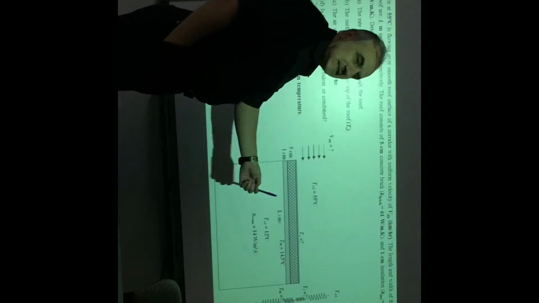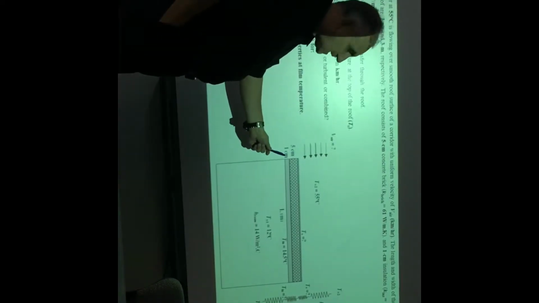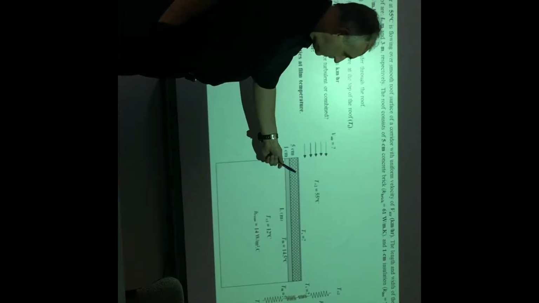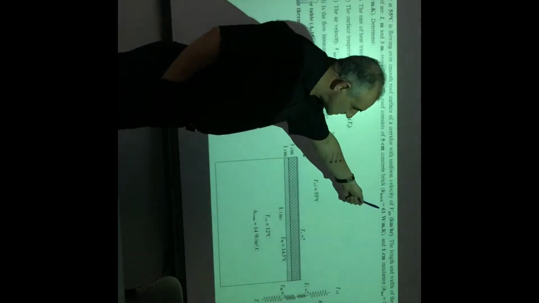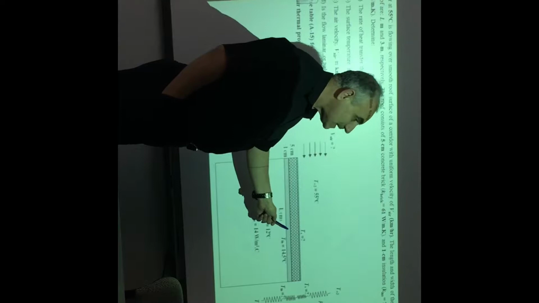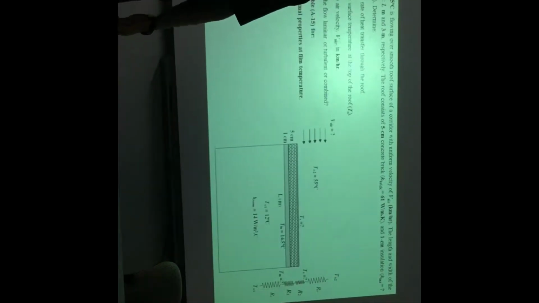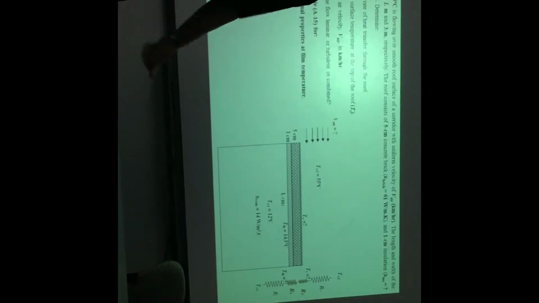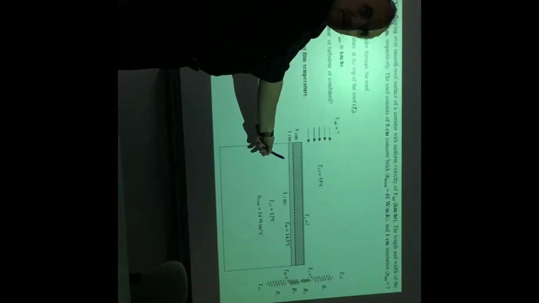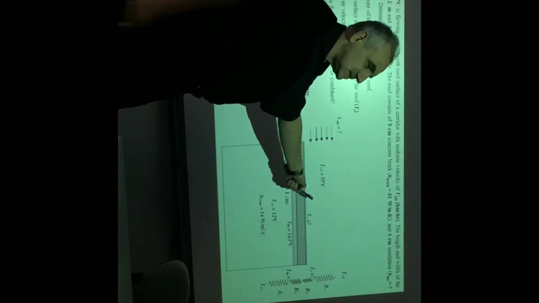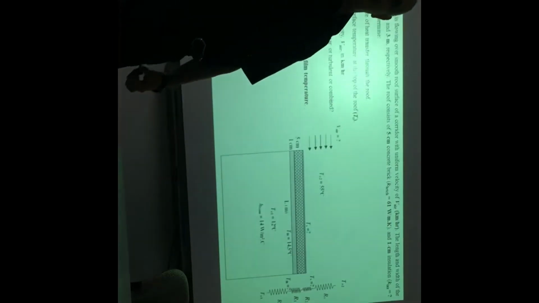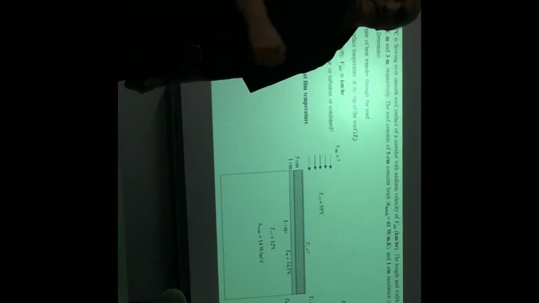Because the resistance is L over kA for the conduction. L is 5 centimeter and 1 centimeter. k for this part is given as 61. For the insulation, you have different data, so you have different resistances for the second one. That is why Ts for you is different than Ts for your friend, because of different data.